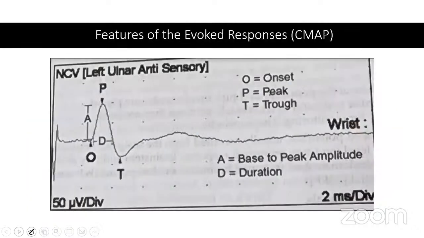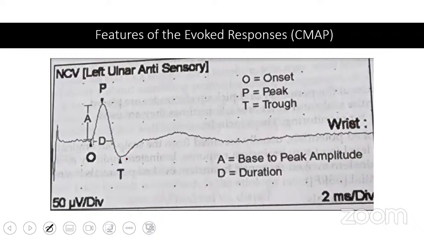and DM studies. So if you look at the features of an evoked response, as a CMAP, the left ulnar nerve has been stimulated. You can see the onset, that is O, the peak, that is P, and the trough, that is T here, and the base to peak amplitude is A, and the duration is D from O to the T. You can see the 2 milliseconds per division and 50 microvolts per division.